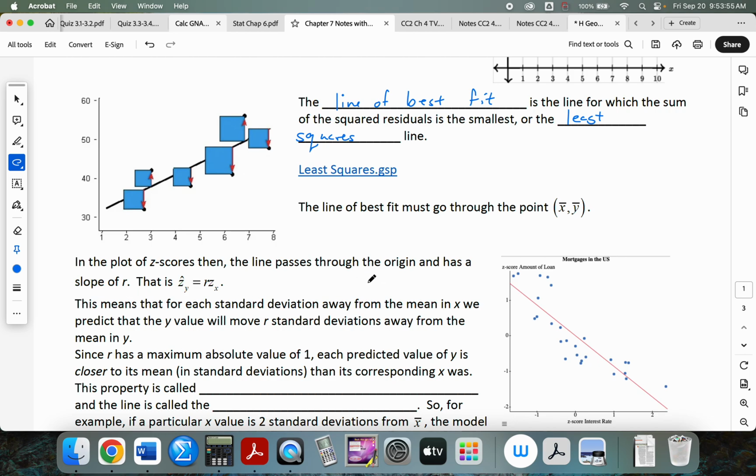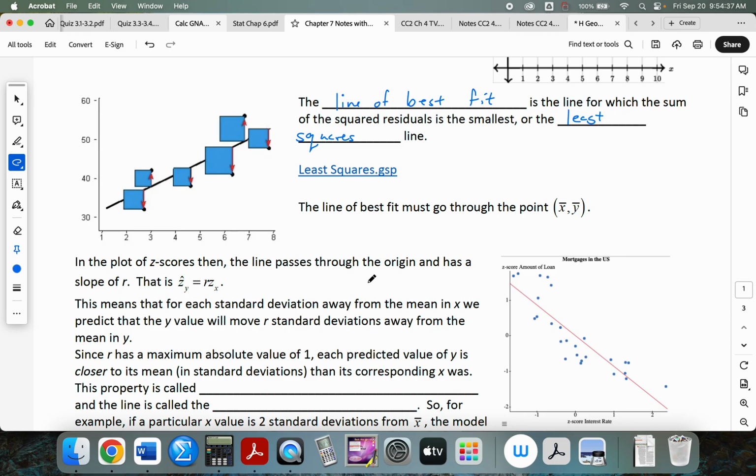Because once we have standardized all of that, remember we could get r by taking, what is it? And I never remember it because it's not something you ever have to do by hand. But r was, if we standardized, the slope of the line that best fit the data. Okay. That's an easier way to explain it rather than to explain the math behind it. Okay.